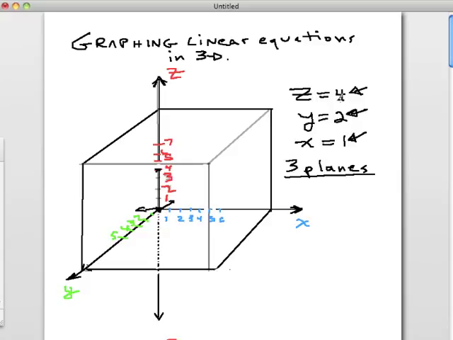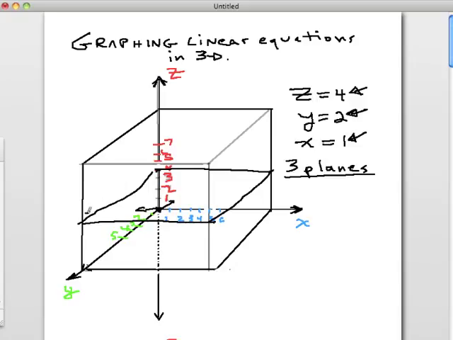Okay, so z equals 4. And this is a plane. It is a plane that is exactly 4 units above the x, y plane. So you can imagine the x, y axes form a flat plane, and z equals 4 is just taking that plane and raising it up 4.